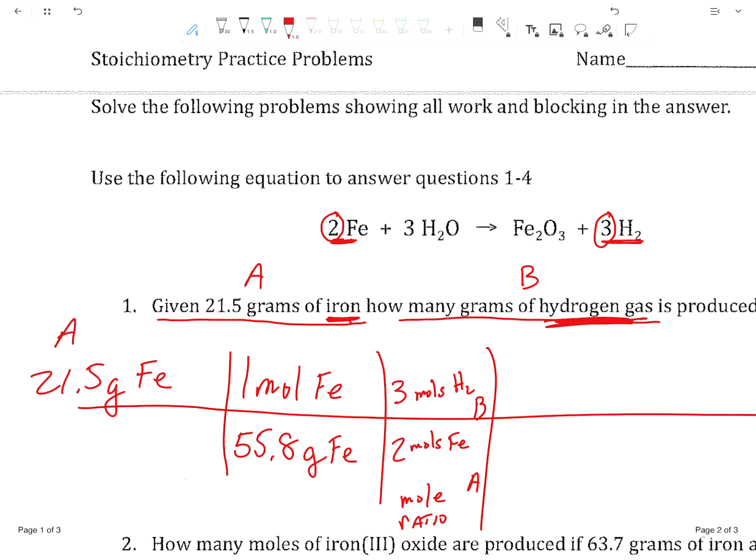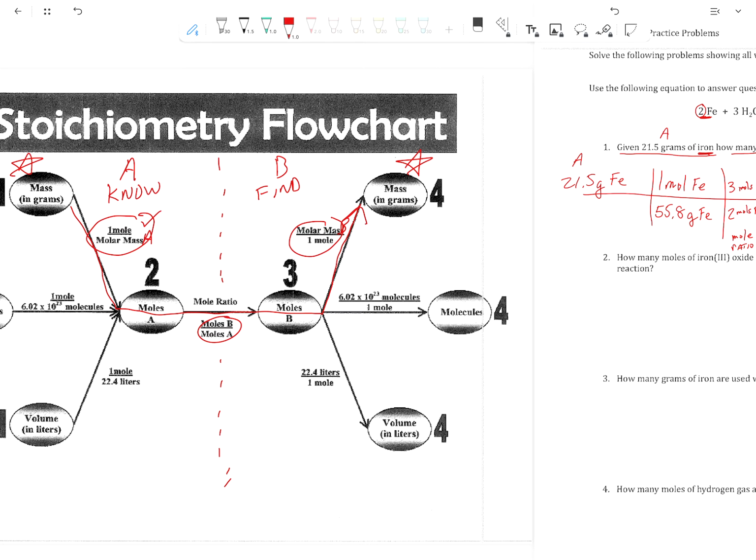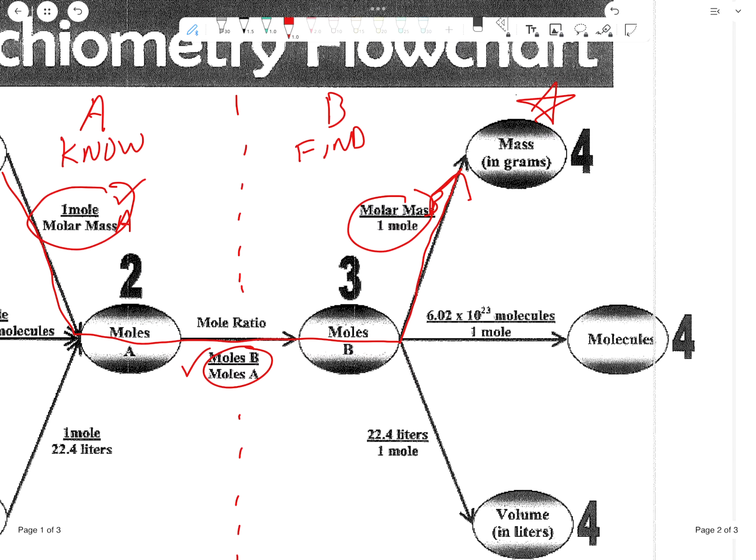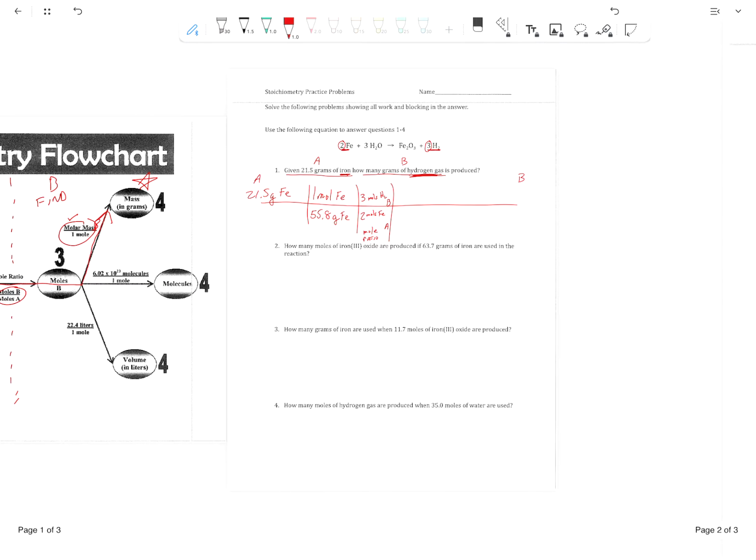Okay, so what we've done, if you look at our flow chart, is we have done this part here, and we have done this part here, but we have to do this last little bit right here, which is the molar mass of B, which is going to be our hydrogen gas over 1 mole.